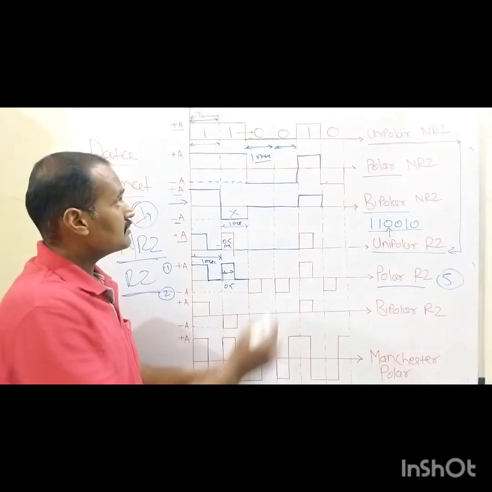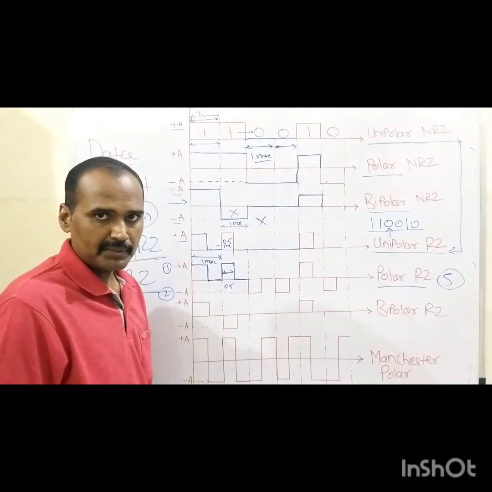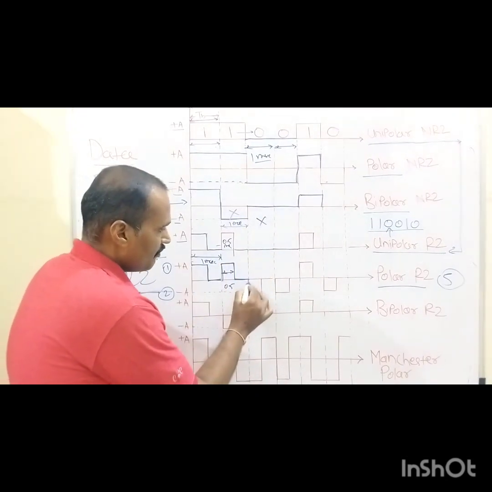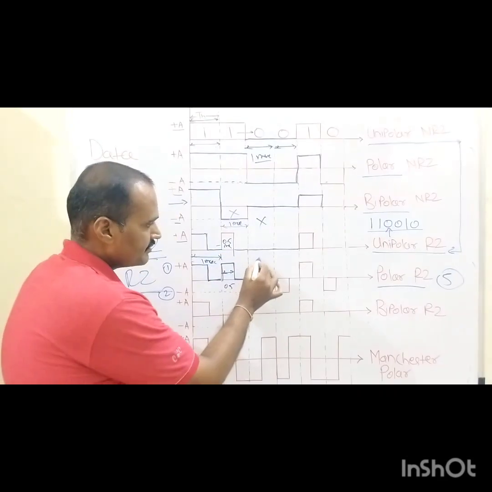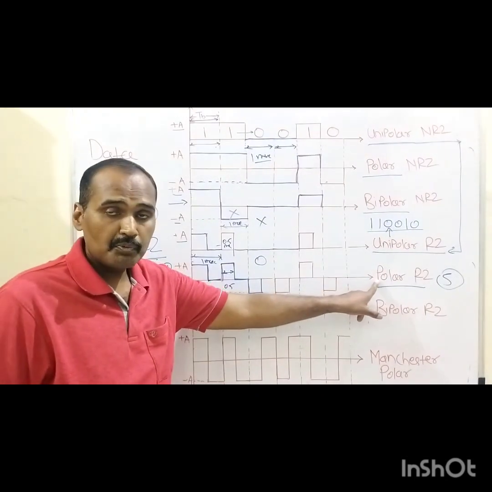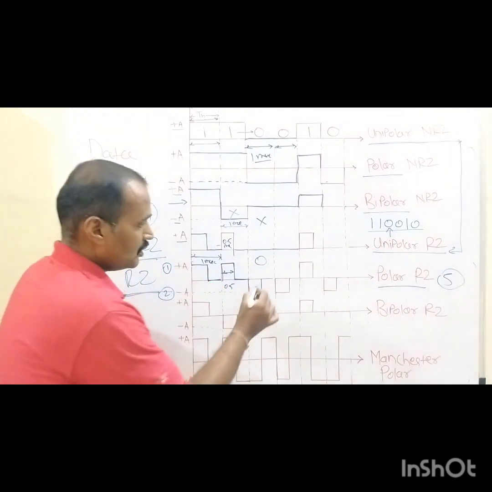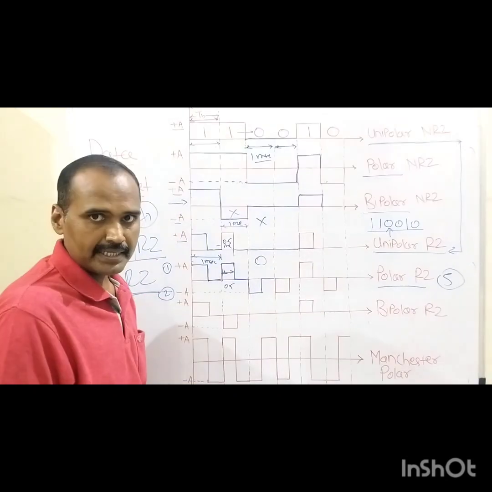Whenever we are going through this binary 0 symbol during this bit duration of 1 millisecond, at that time, for that first half, this minus A volt is being assigned, because this symbol is nothing but binary 0, as we are having the polar RZ type of symbol sequence. So for the remaining half bit duration, 0 volt is being assigned.